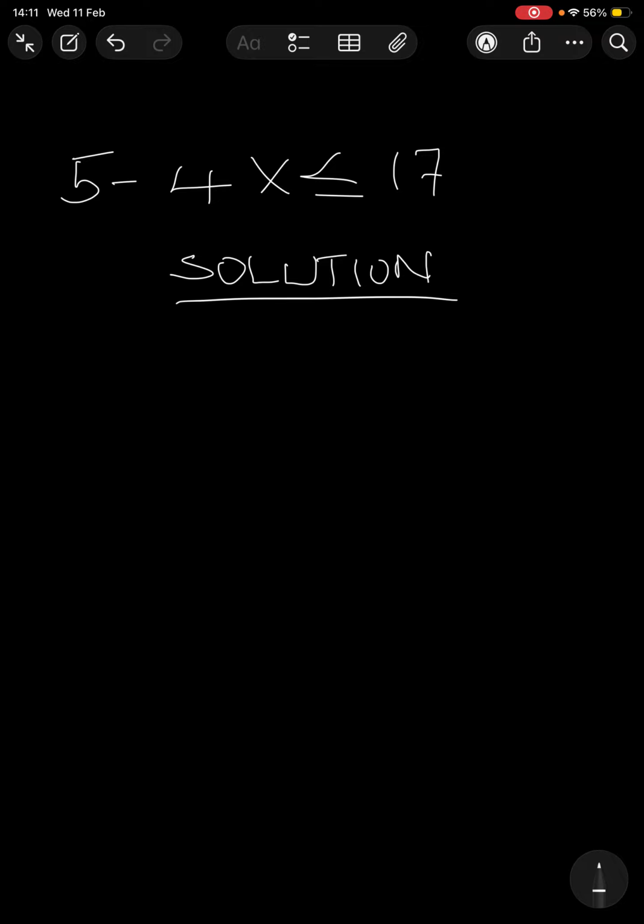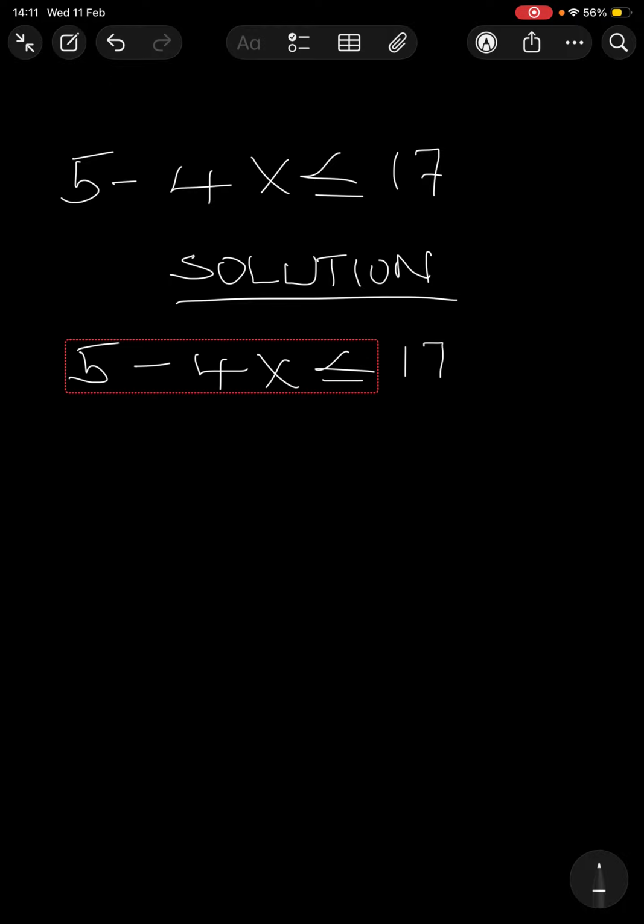We have 5 minus 4x less than or equal to 17. Can you find the value of x? So we have our question, which is 5 minus 4x less than or equal to 17.